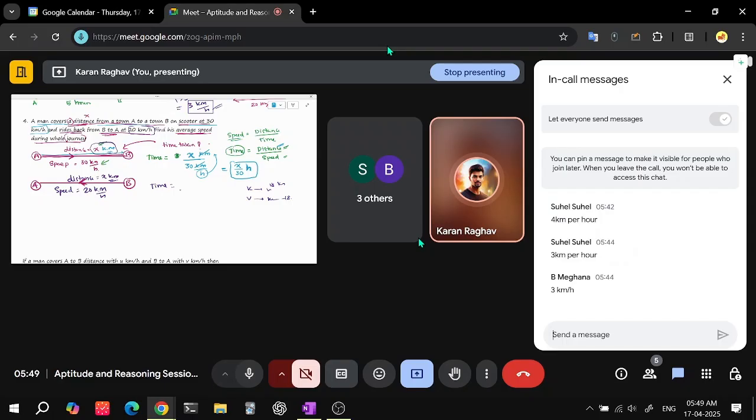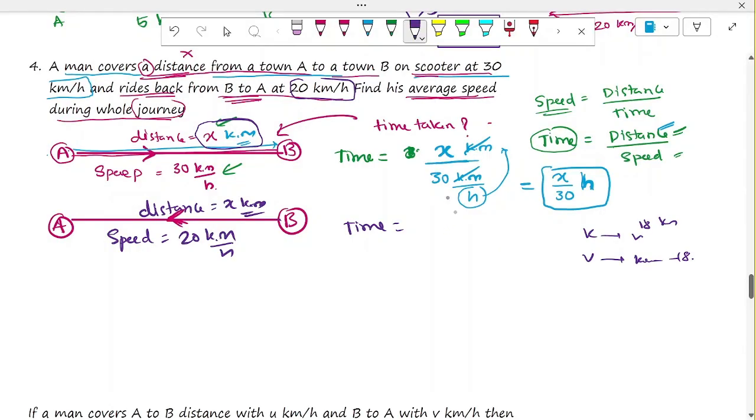You will understand why I am calculating time. So what will be the time now? Use the same formula, distance divided by speed. So here distance is what? x kilometers divided by speed. What is the speed? 20, clearly given, 20 kilometers per hour.